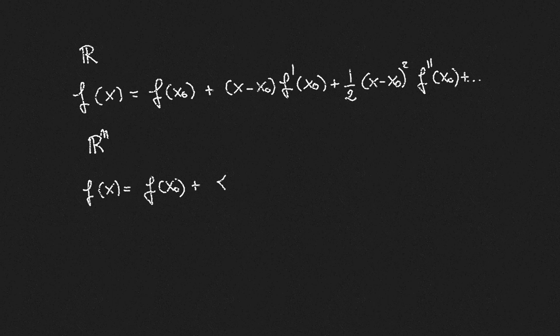Now you have the scalar product with the gradient, and the second order term is the bilinear form given by the Hessian matrix of f in x0.